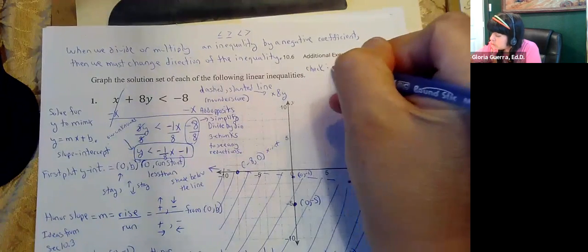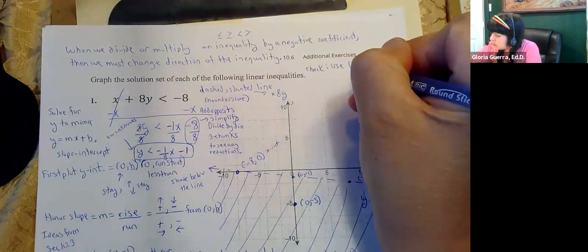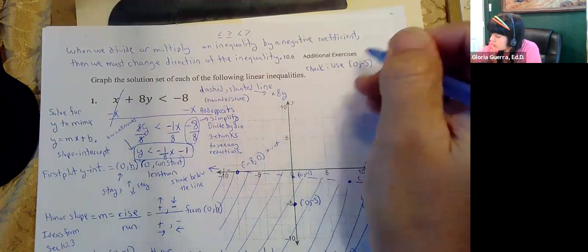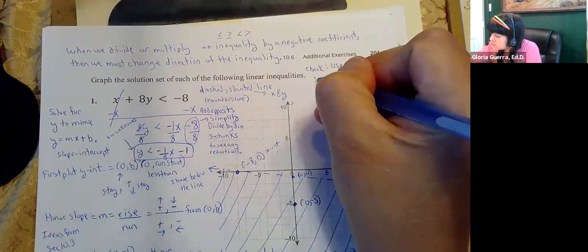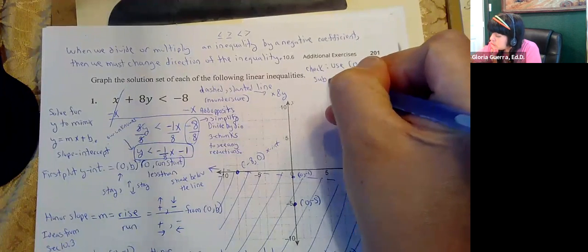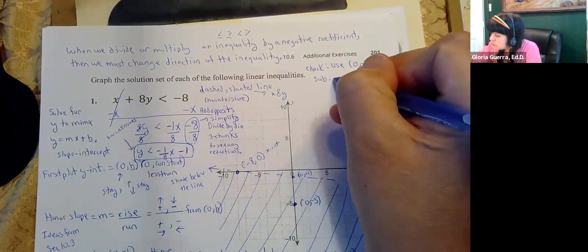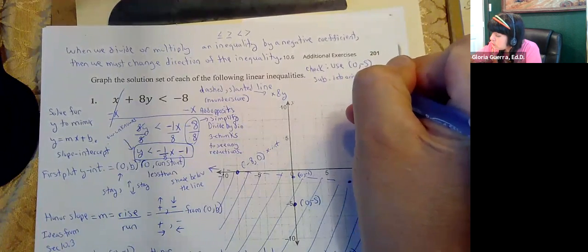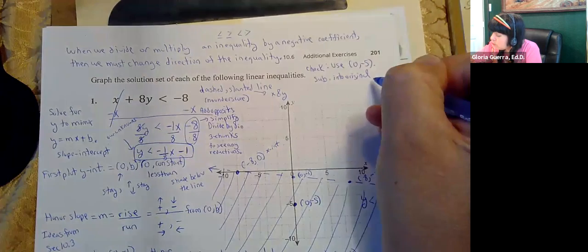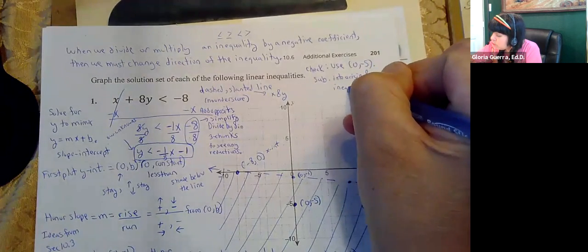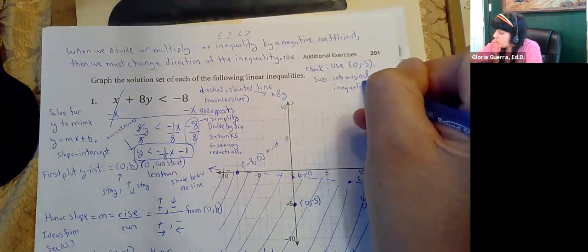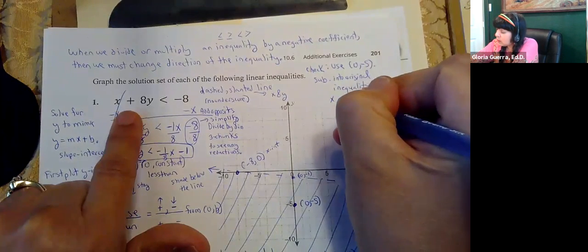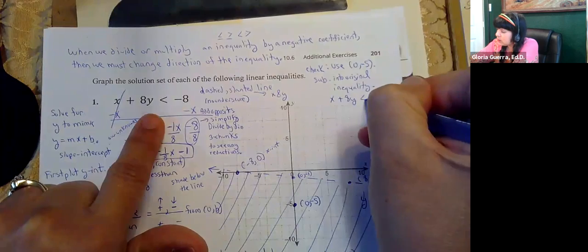And I'm going to use 0, -5. And I'm going to substitute it into the original inequality. So that would be x plus 8y is less than 8.